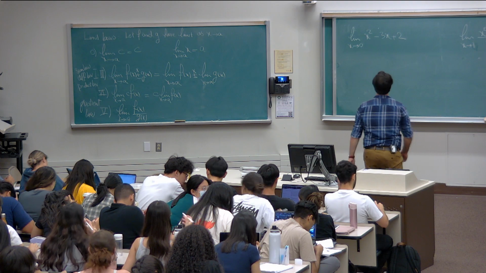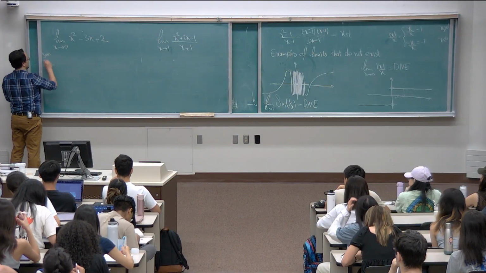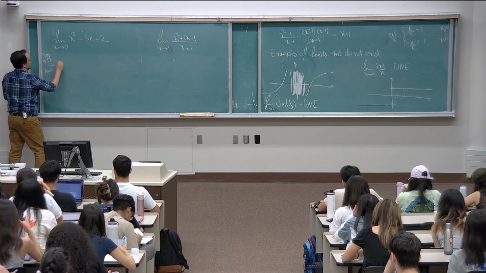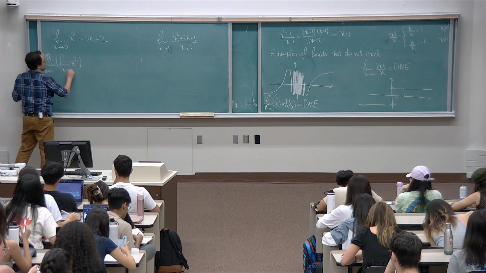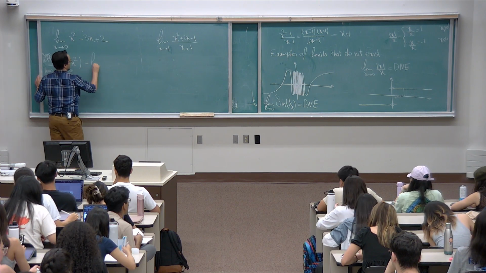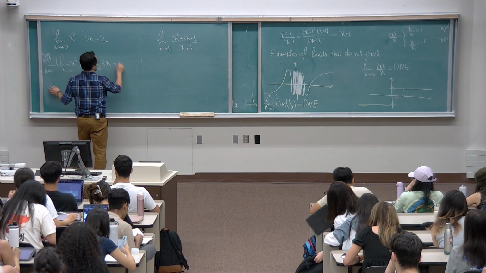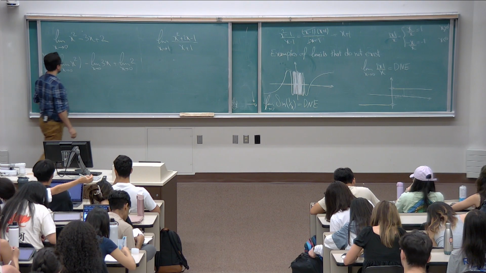Okay, let's do this one. I'm using sum or difference laws. And the first step will be, this is limit of x squared minus limit of 3x as x approaches 0 plus limit of 2 as x approaches 0.